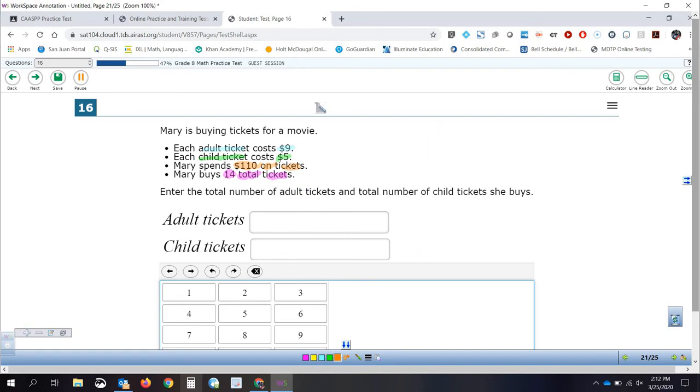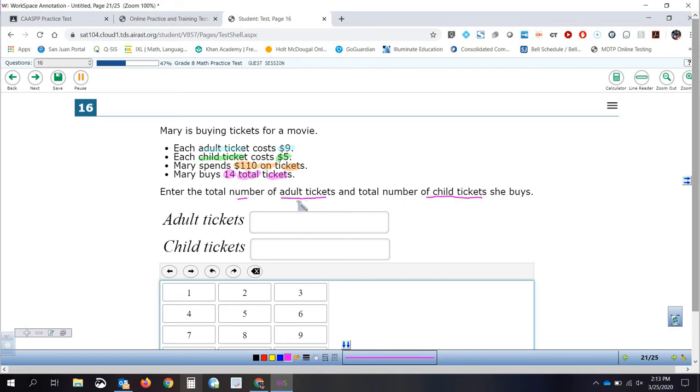Well, this actually sets us up for something we call a system of equations. What two things don't we know? We don't know how many adult tickets there are and how many child tickets there are. And in algebra, when we don't know something, we assign it to a variable.